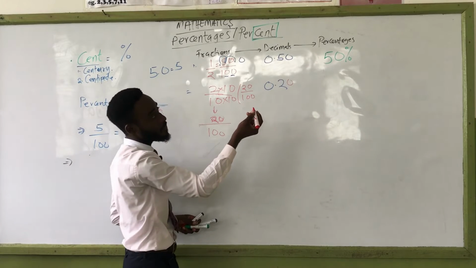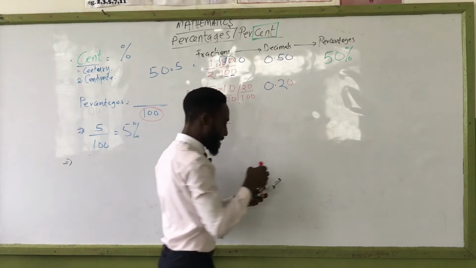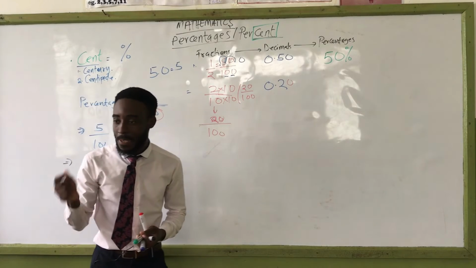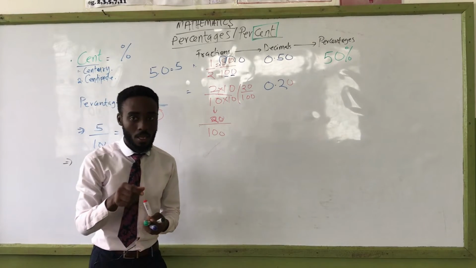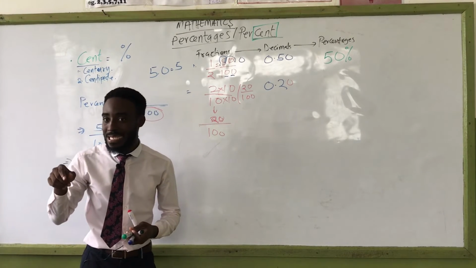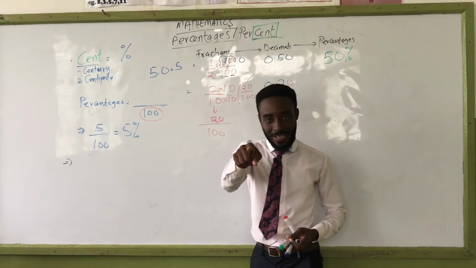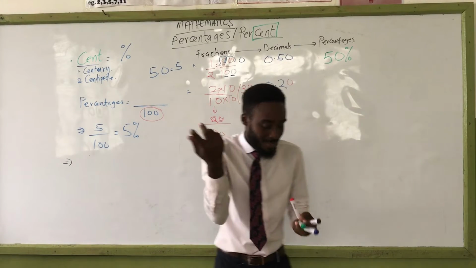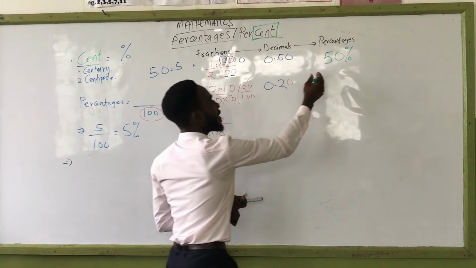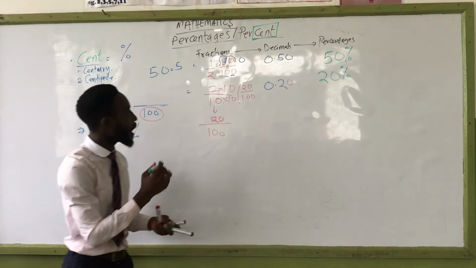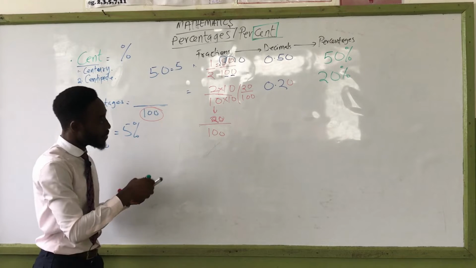And what's 20 over 100 as a percentage? 20%. So that will be 20%.